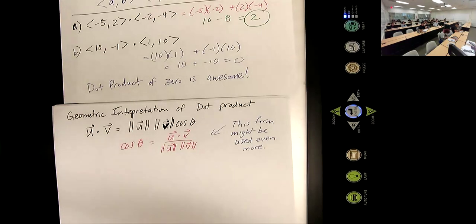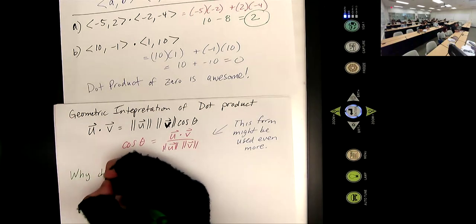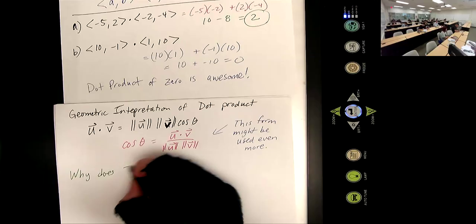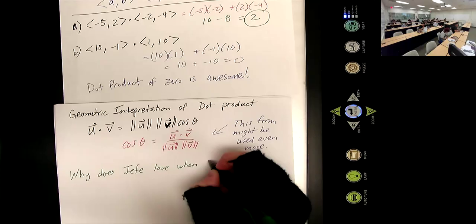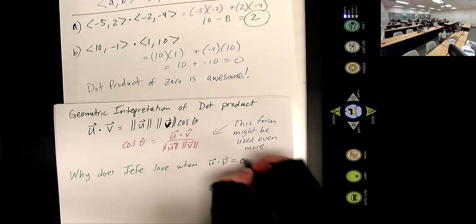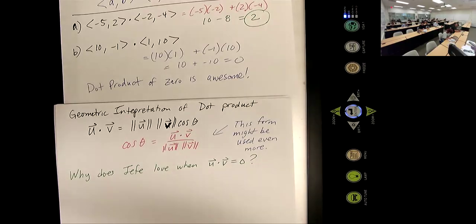So why do we love a dot product of 0? The book talks about it, and we definitely do it in Calc 3 when we do more vector stuff.